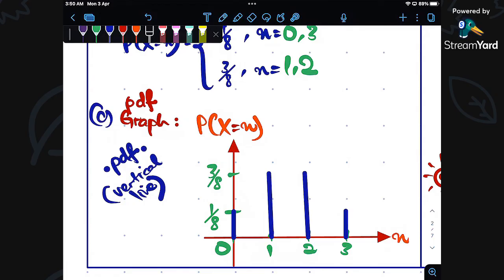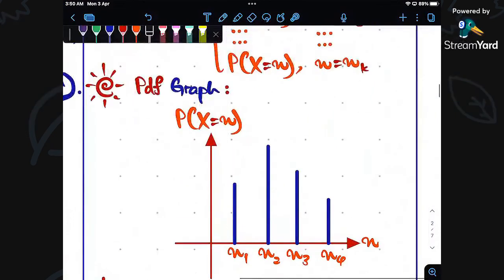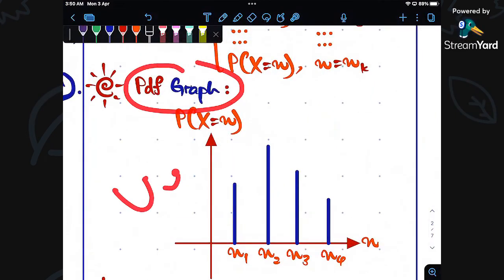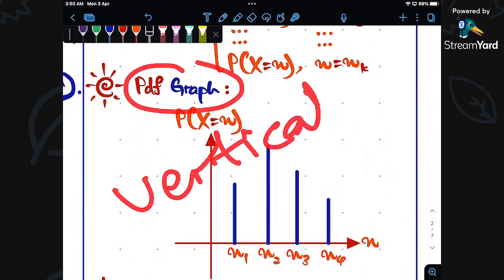Therefore, this is the graph of the PDF, where the topic is the number of tails. It is not that hard. Just remember that the graph of PDF is always vertical. And that's it for the PDF. Thank you.